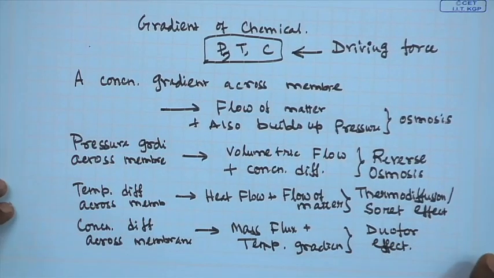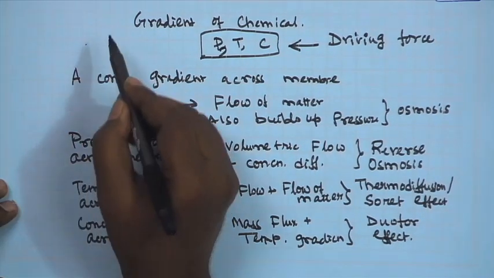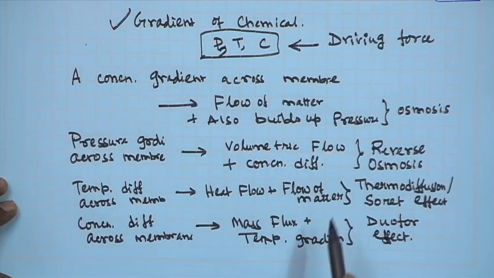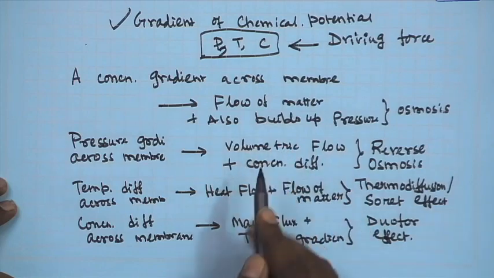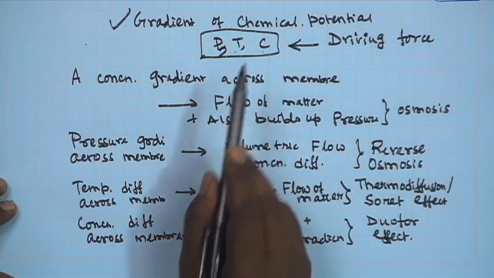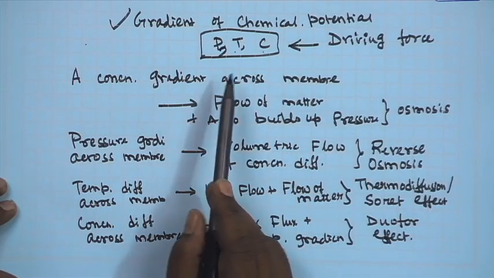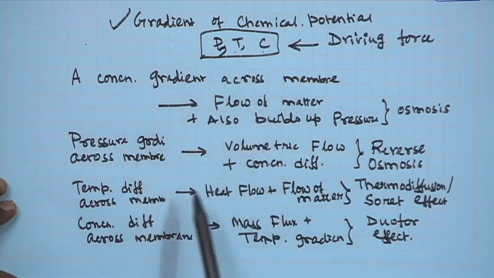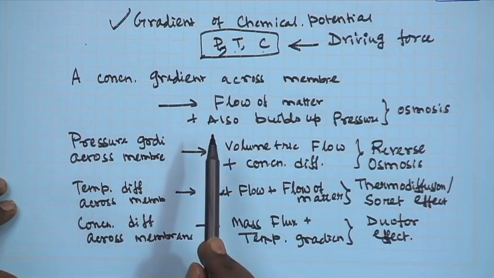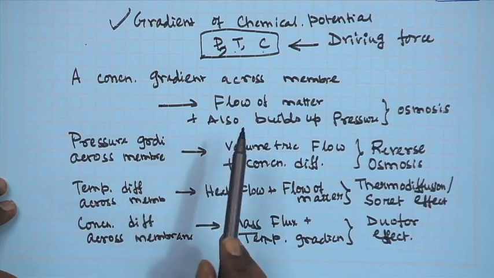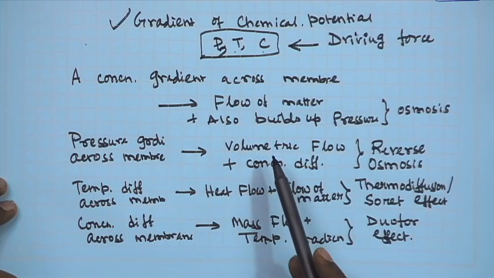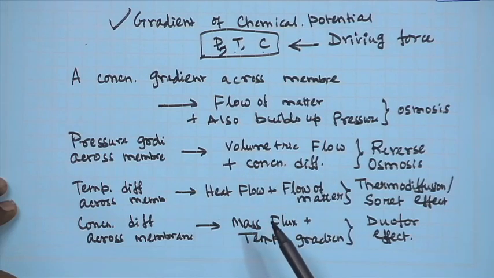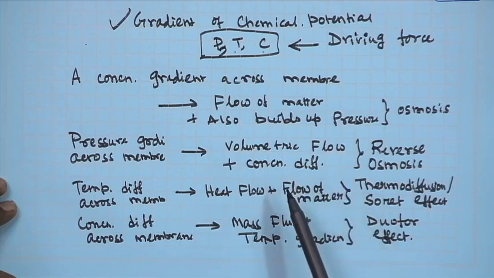So, we can see that the general driving force is the gradient of chemical potential, which has three components: pressure, temperature, and composition. These driving forces are interdependent. If one of them changes, or two, or three of them change, there will be flow of matter along with a temperature difference or a pressure difference.